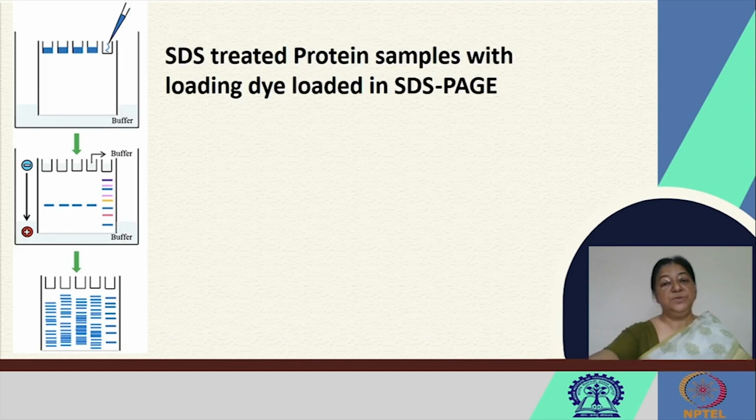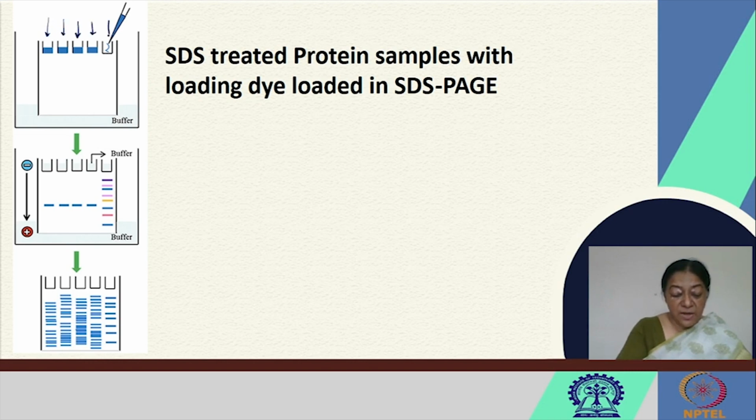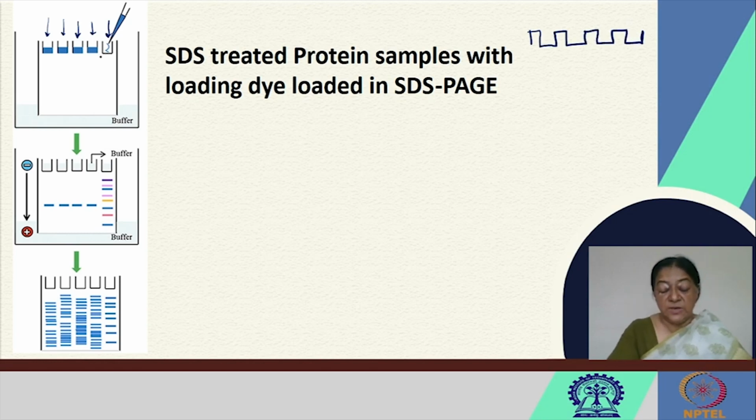The SDS treated protein samples with loading dye are loaded in the SDS PAGE. This is called a well. When the gel is set, we have a specific comb, as it is called, which holds the protein molecules mixture in space, as you can see here.